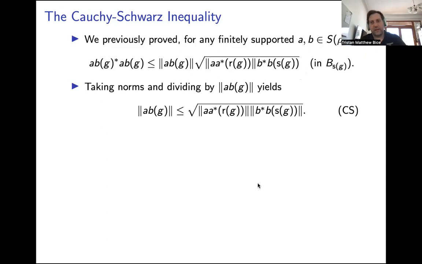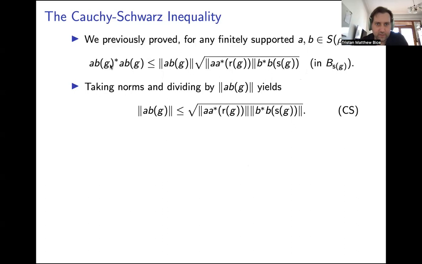Okay, and actually that in itself is probably not what we really need. What we really need is a slightly simpler inequality we get by just taking the norm. So remember, with positive elements, if you have some positive element below another positive element, then the norm of that positive element is again going to be below the norm of the larger one.